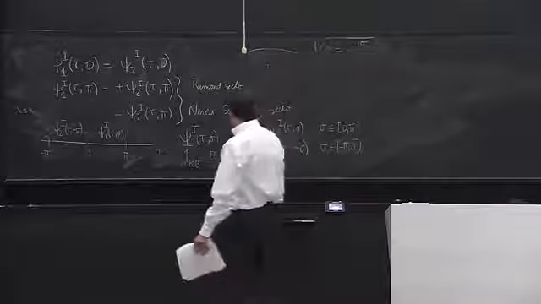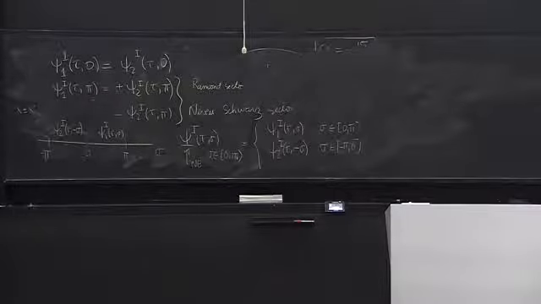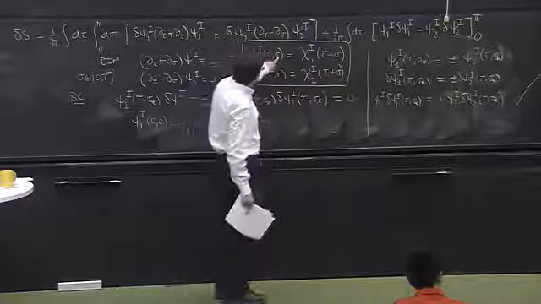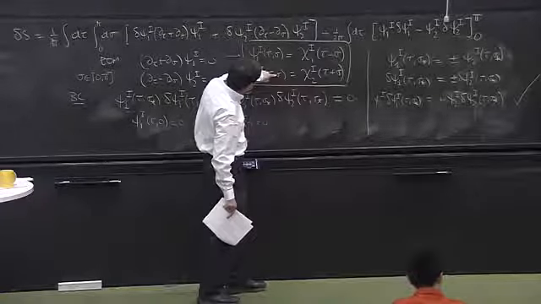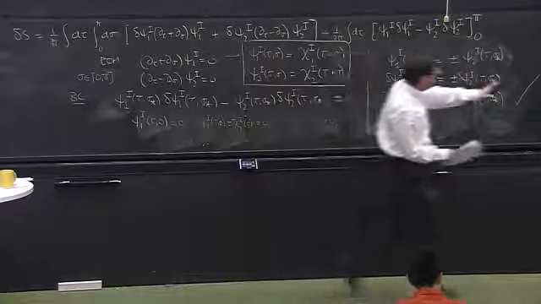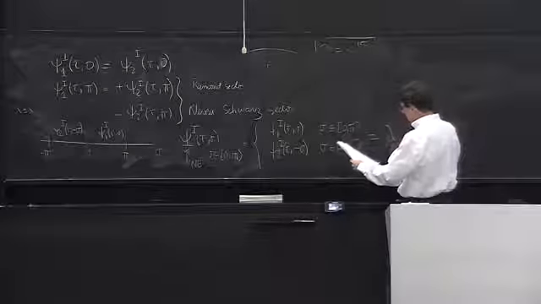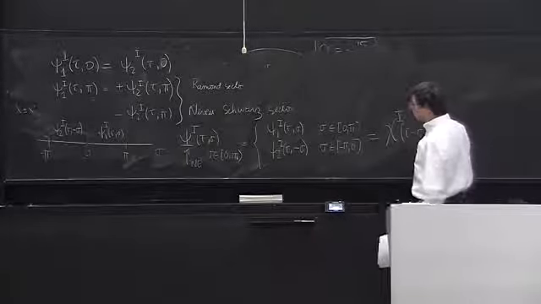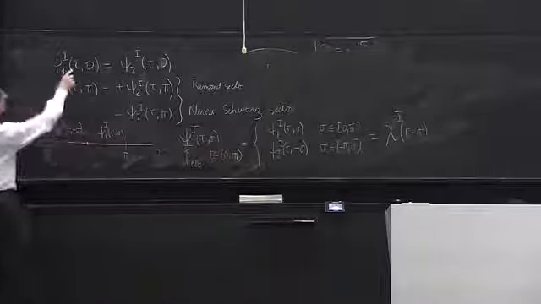And look at this: psi1 of tau and sigma is a function of tau minus sigma. But psi2 of tau minus sigma is also a function of tau minus sigma. So this whole field you've defined here is some new function of tau minus sigma. Moreover, this whole field is continuous here because of this condition.